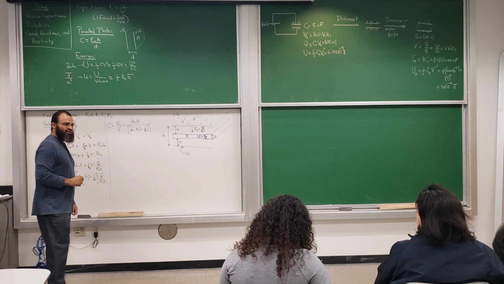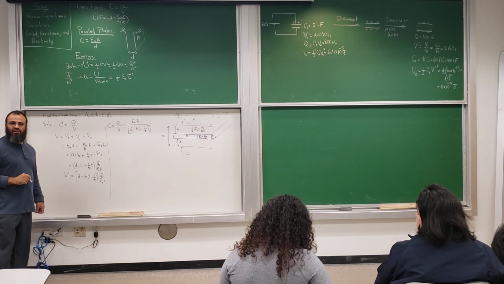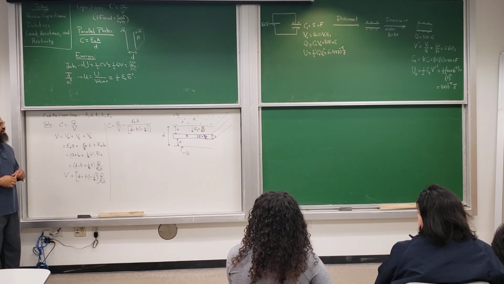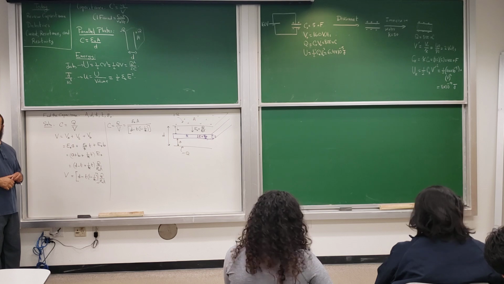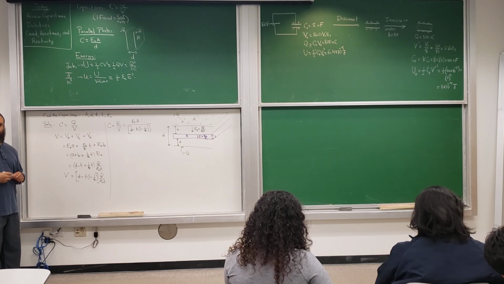So this is going by definition, and that's what it gives us. We'll do it differently, but I want to reflect on it first. We'll do it in a different way in a moment.